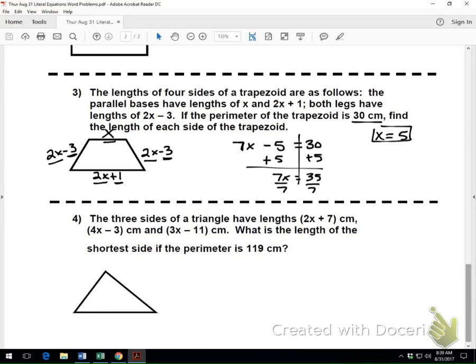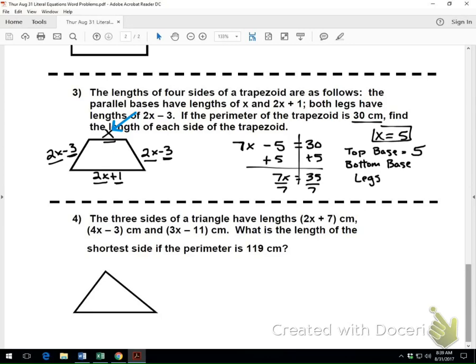So let's go top base, then bottom base, and then legs. If I plugged that x back in, what would be my top base? If I took this 5 and plugged it into this top base right here, it would just be 5.